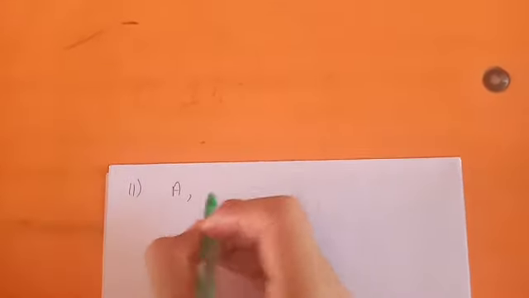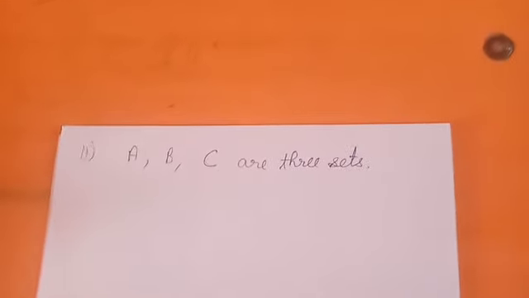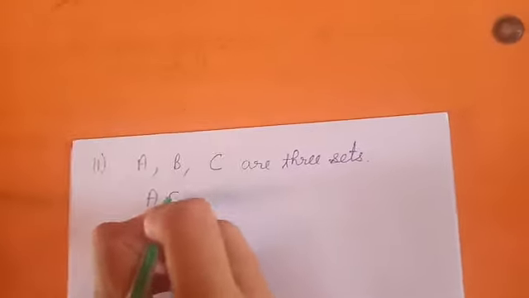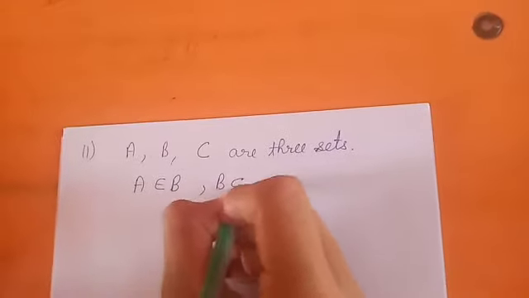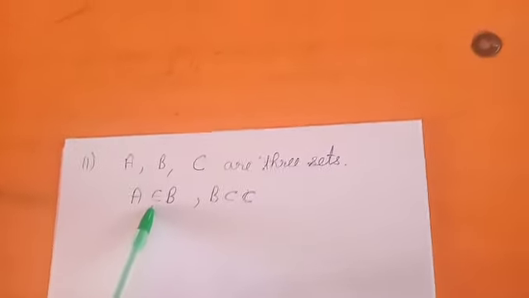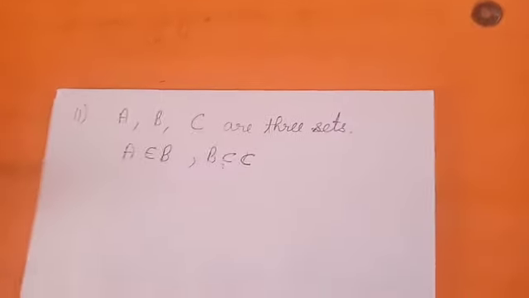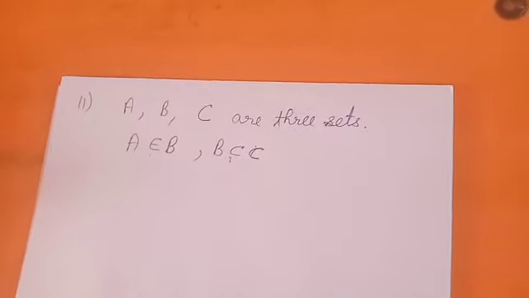Okay, that means in the 11th example what they have given to us, A, B and C are 3 sets. A belongs to B and B is a subset of C. Okay, look, belongs to and subset are different. Is it true that A is also a subset of C?